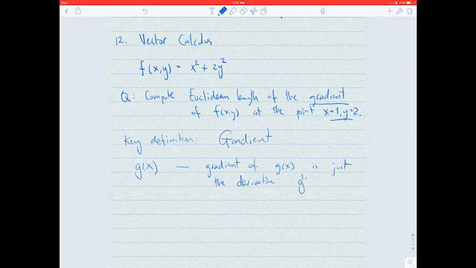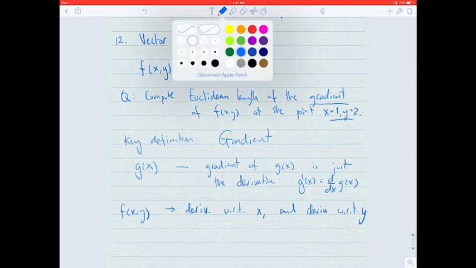In other words, g prime of x, or d dx of g of x. But now we have two variables. So for f of xy, we need to compute the derivative with respect to x and the derivative with respect to y. And these aren't derivatives, they're in fact partial derivatives.